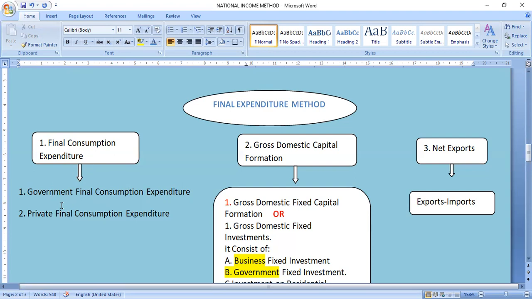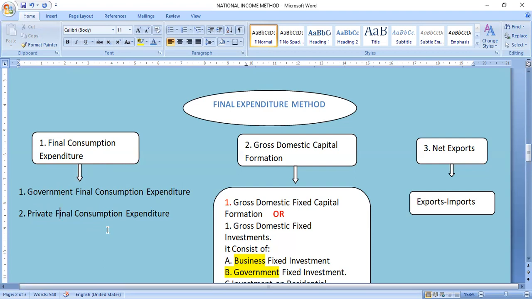If government, private and final are all given, then we will ignore the first two and include only final consumption expenditure. If final expenditure is not given in the question, then we will include the government final consumption expenditure and the private final consumption expenditure.